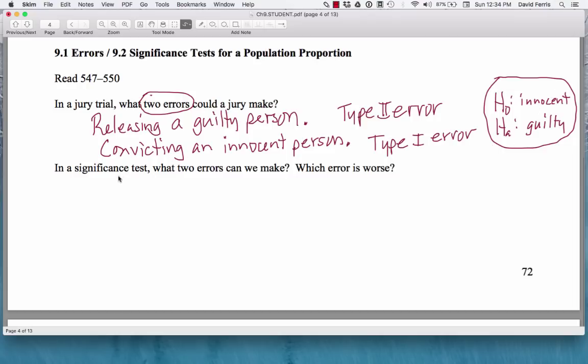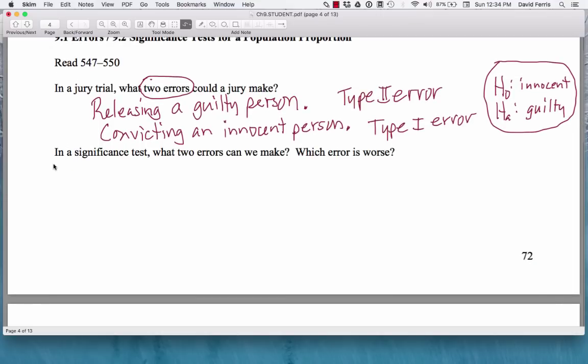So now, in just general significance tests that we do, what are the 2 errors that we can make? Well, a type 1 error is when you reject a true null hypothesis. Type 2 error is exactly the opposite.